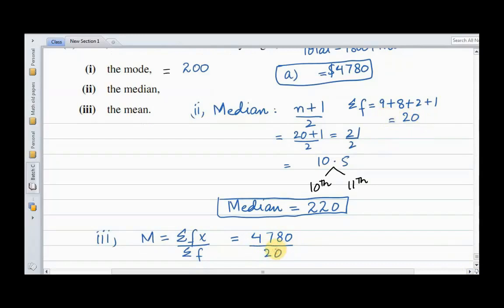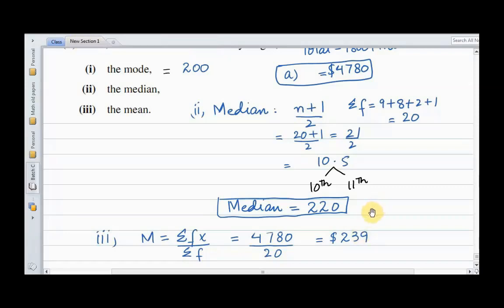So 4780 divided by 20 gives you 239. So the mean value is $239, right?